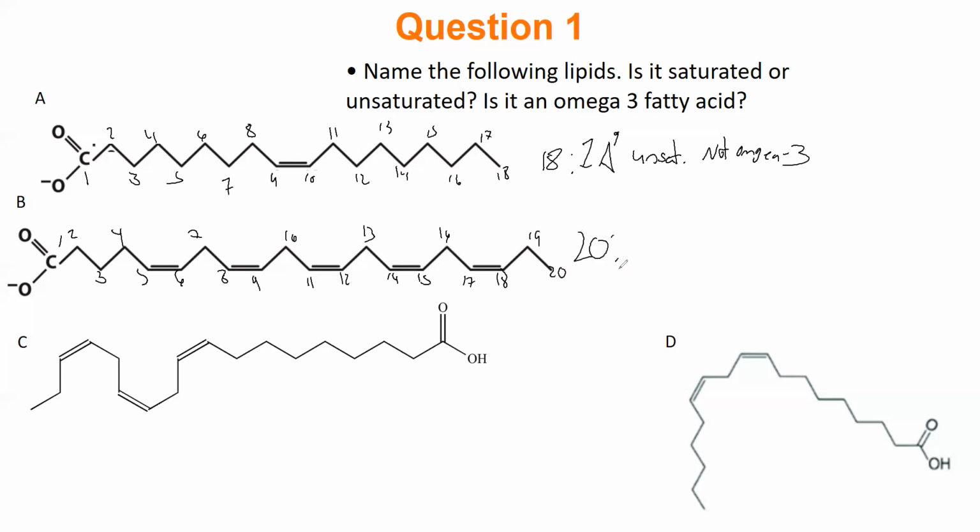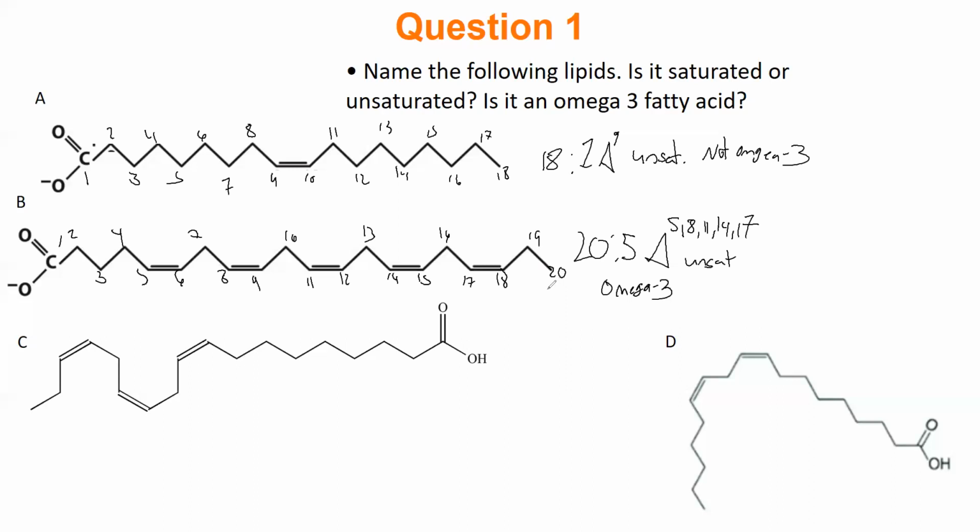So this is a 20 carbon fatty acid. And we have 1, 2, 3, 4, 5. So this is 20:5. And we have to say where all the double bonds are. So delta 5, 8, 11, 14, 17. This is again unsaturated because we have double bonds. And it is an omega-3.